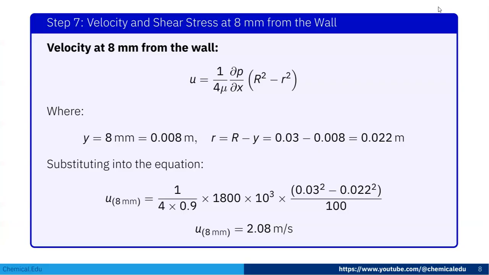Now velocity and shear stress at 8 mm from the wall. So we know that local velocity is equal to 1 by 4 mu dp by dx into capital R square minus small r square.